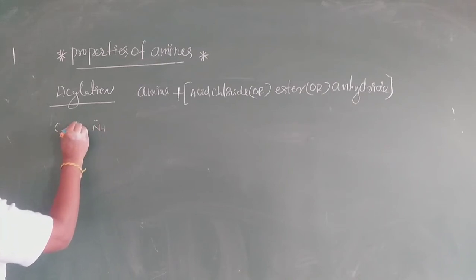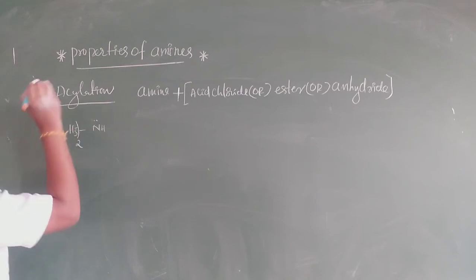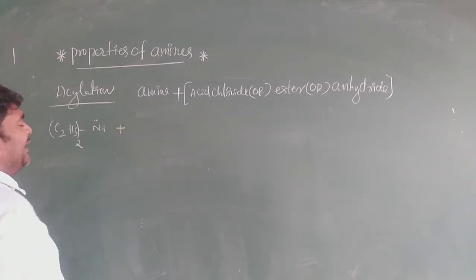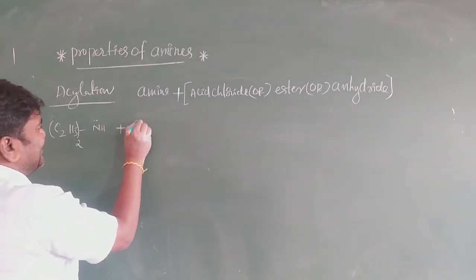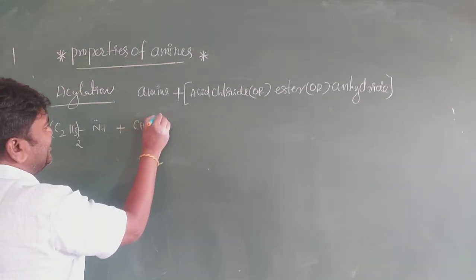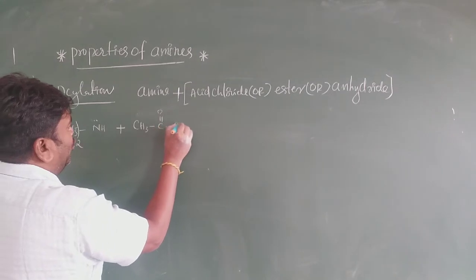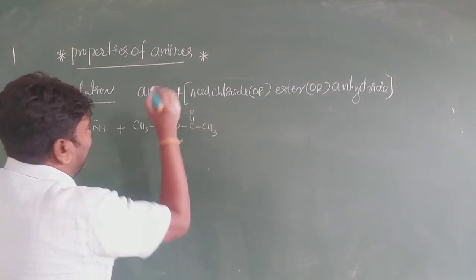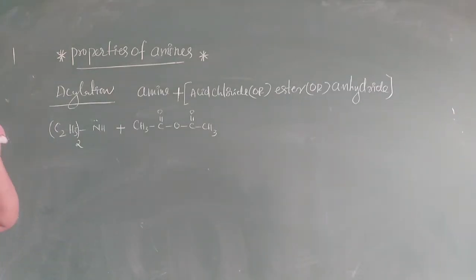It has a lone pair. Plus, see my dear students, ethanoic anhydride: CH3 C double bond O, O, C double bond O, CH3. See here.